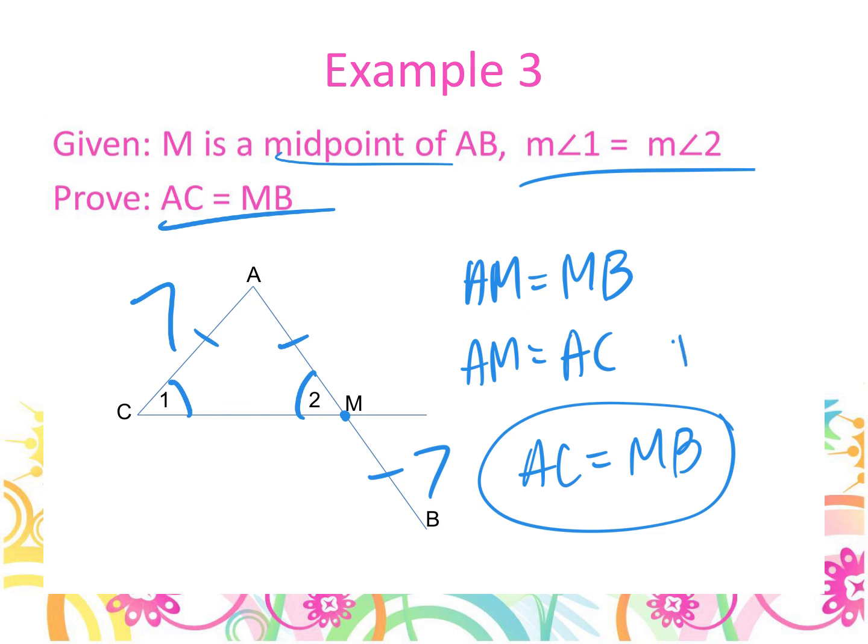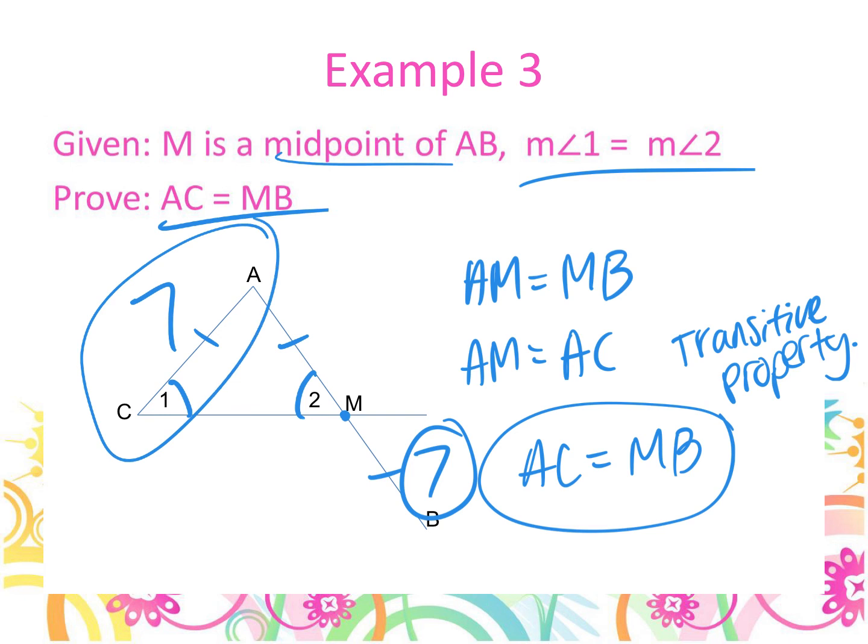If you want to write it down, it was the transitive property. I could give you this side is 7 and say, okay, find AC, and you should be able to find it, okay?